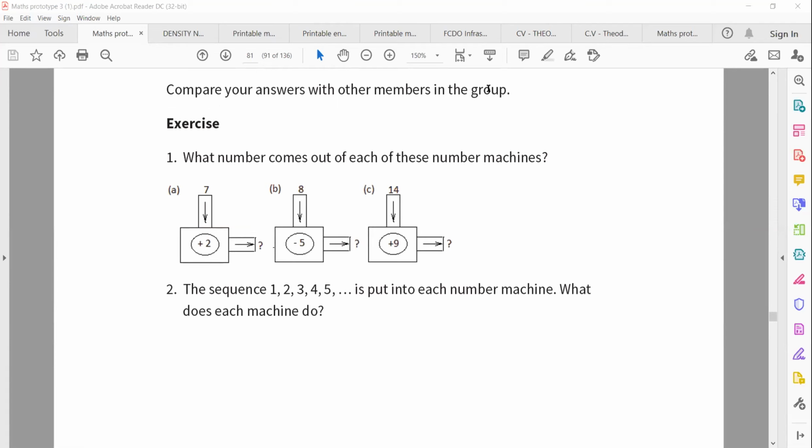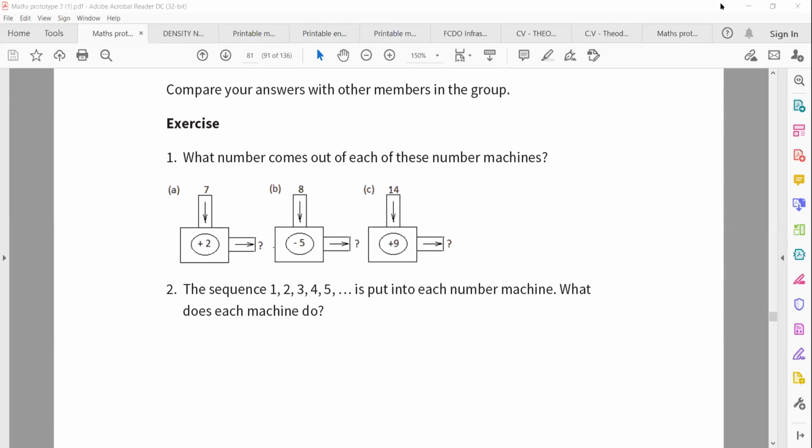When you look at this exercise from the previous exercises, we have this machine, and in part A, we have this number 7, which is coming into the machine, and there is a +2 inside, and they're asking us to get the outcome.